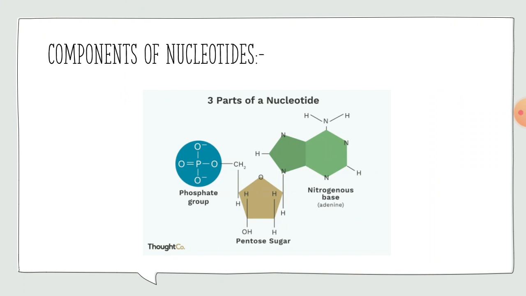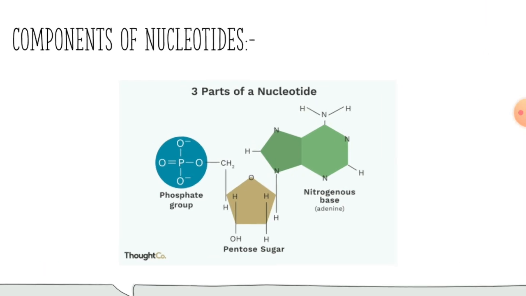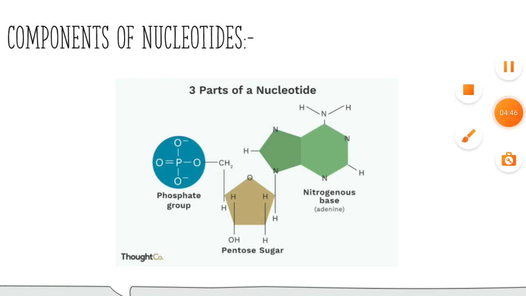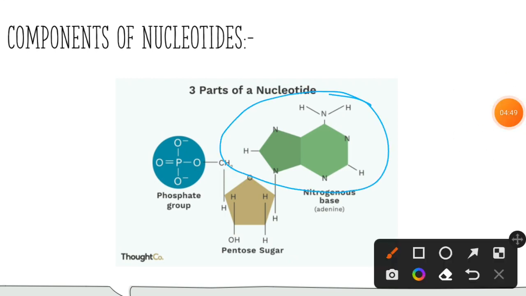Now it is important to understand the components of a nucleotide, because we all know that DNA is made up of nucleotides. A nucleotide has three important parts. One is the nitrogen bases, and these are of two types. One is purine, for example adenine and guanine.